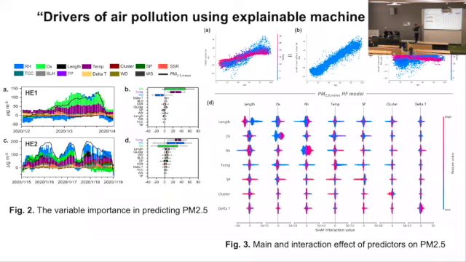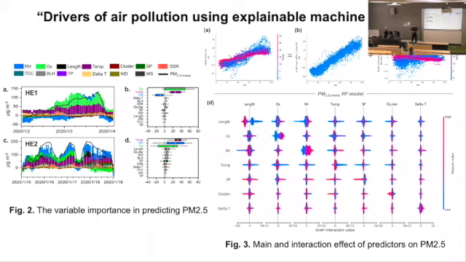For example, the left figure tells us how important each predictor is in determining the level of air pollution. We see that temperature and humidity are very important in terms of this pollution impact. Also temperature, humidity, and OX are important in determining this haze episode, which is a pollution event.